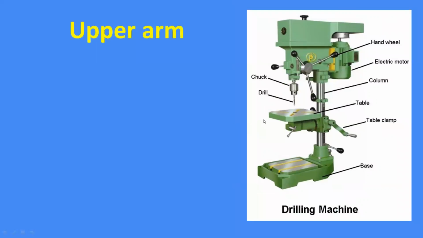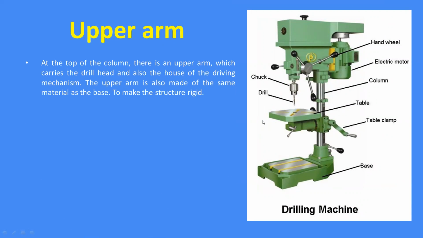So next one is the upper arm. What is the upper arm? At the top of the column, see at the top of this column, there is an upper arm which carries the drill head and also the housing of the driving mechanism. This is the upper arm.